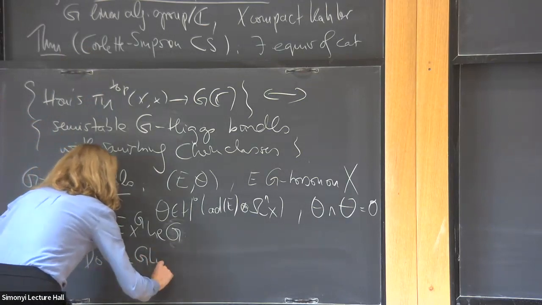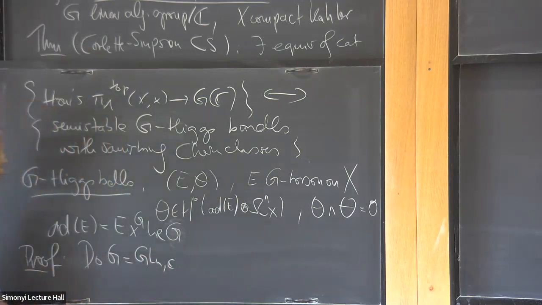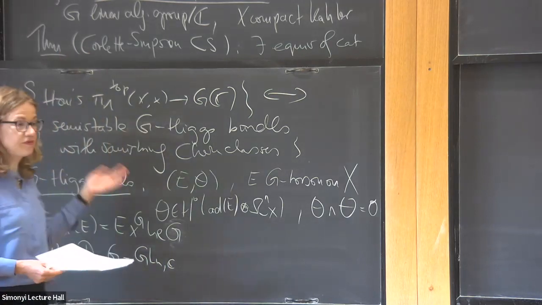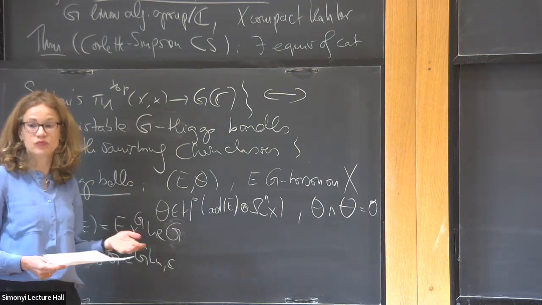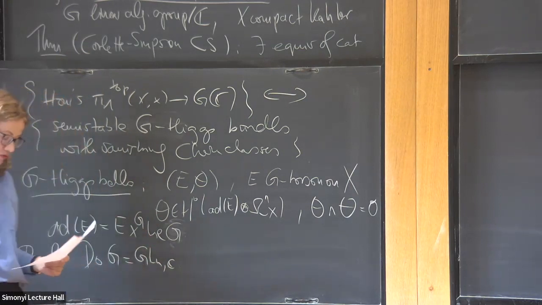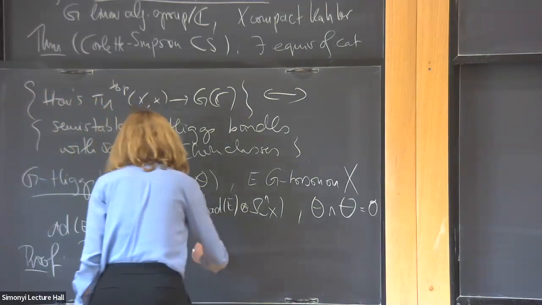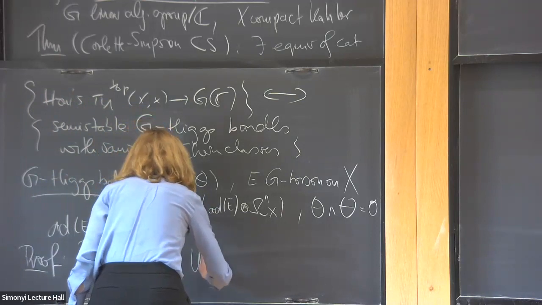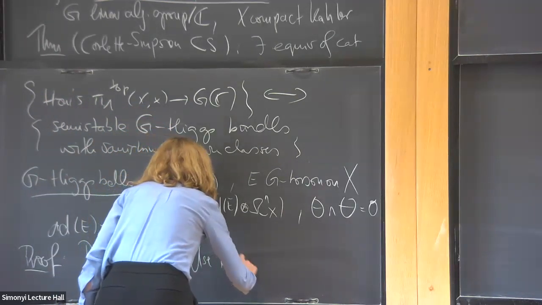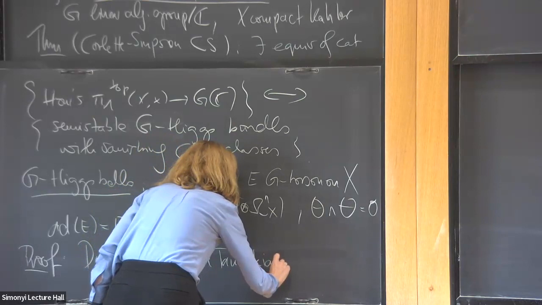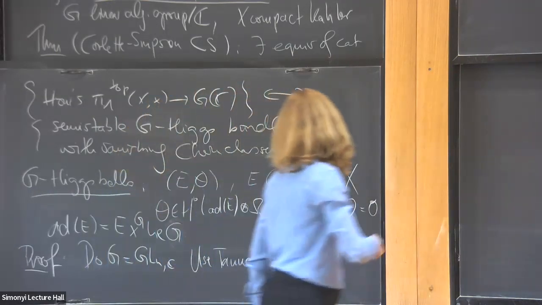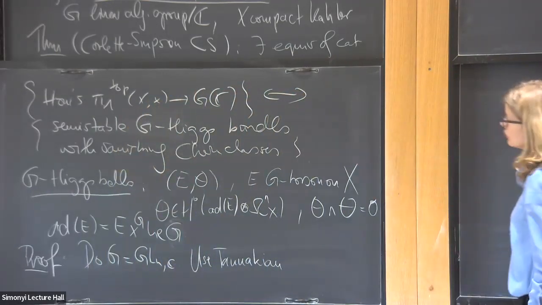This requires a lot of work first, and then you deduce the other linear algebraic group cases by suitable Tannakian arguments, by reducing everything to functors on some representation category.